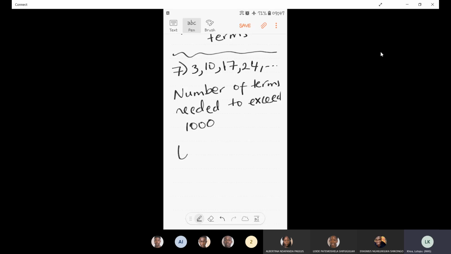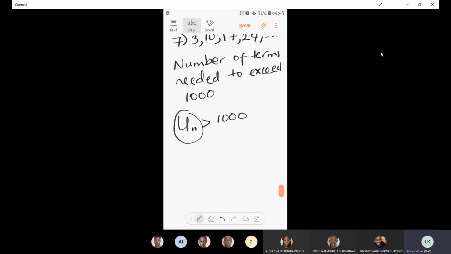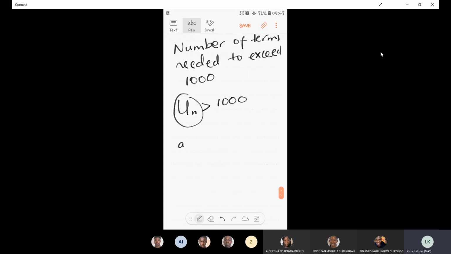So we want Un, which is greater than 1000. This is basically what we are saying. Now this Un over here, it has a formula. We know that this is A plus n minus 1 times D, and we want this to be greater than 1000.